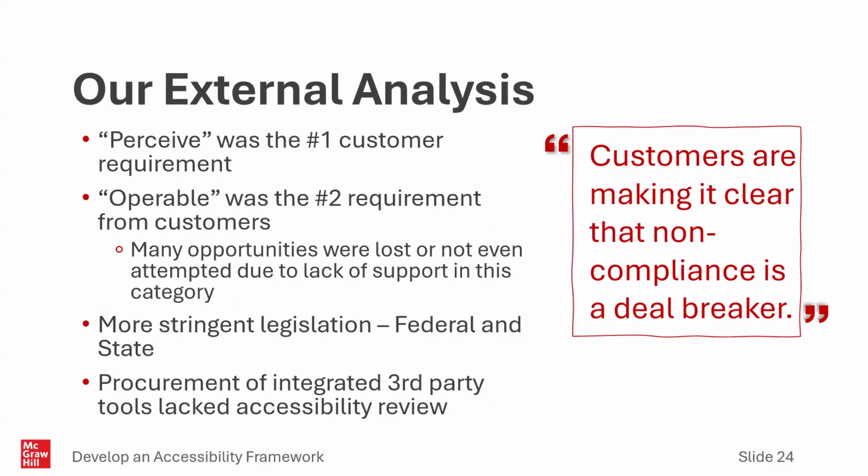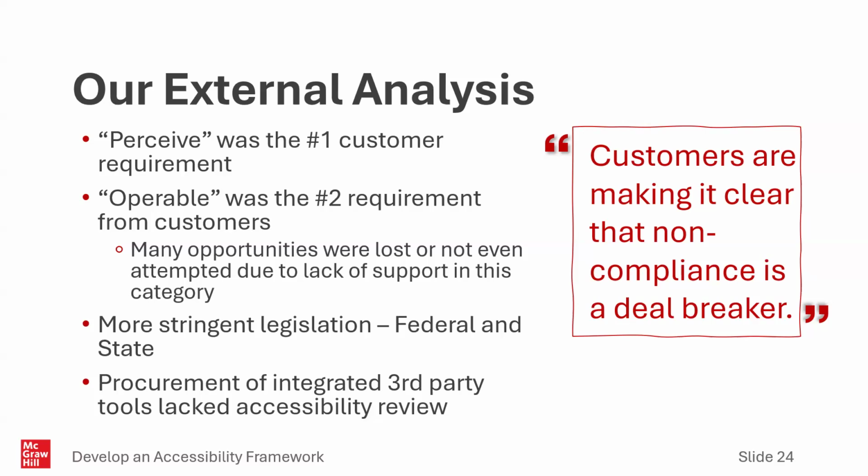On the external side, with the RFPs, the win-loss, and the customer support tickets, what I noticed was a trend towards the first two letters of POUR: perceivable, operable, understandable, robust, which we all know. Perceivable was number one. I need my alt text. I need my captions. The page has no structure. It makes no sense, right? That was number one.